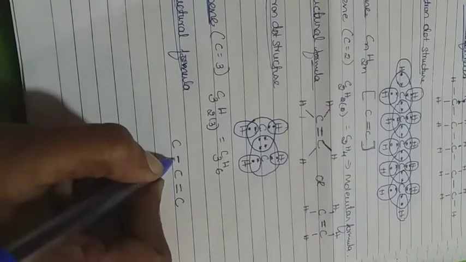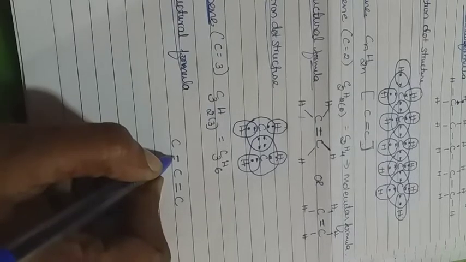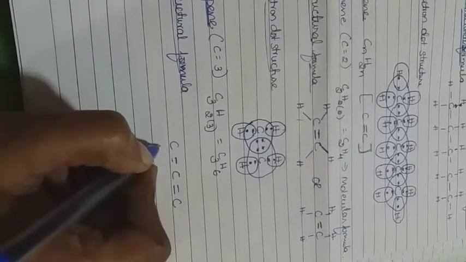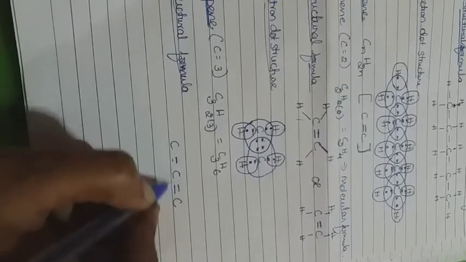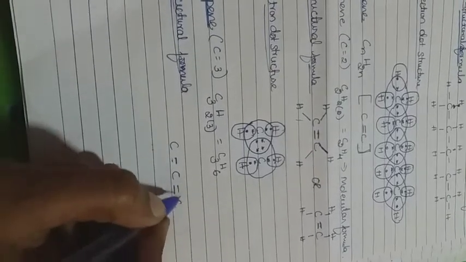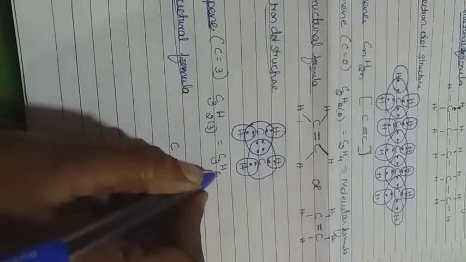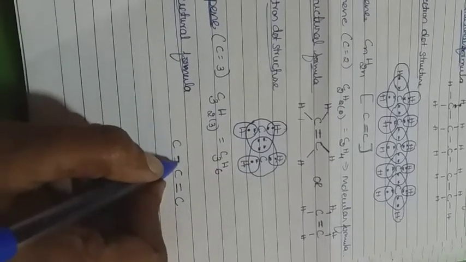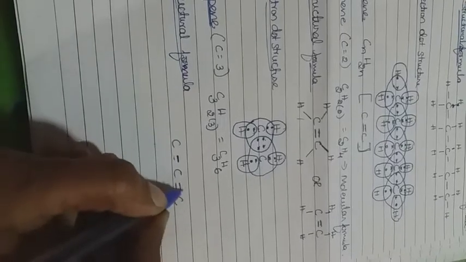Keep in mind, why don't we want to put it in all the places? If you put it here also, it already represents 2, then here 2, 4, and here already 4 are there, so it is not necessary. We only require 4 hydrogen atoms, not 6. So that's why we put the double bond in one place only.